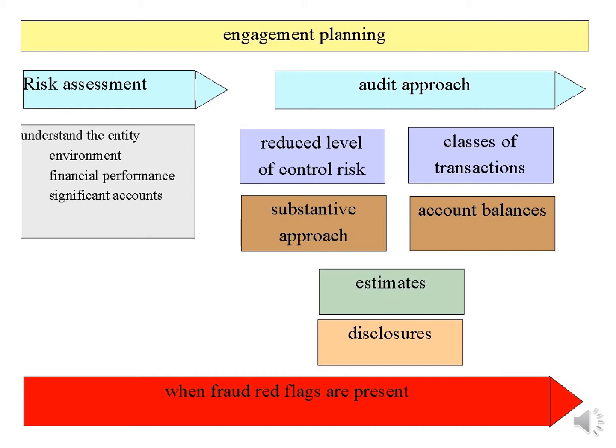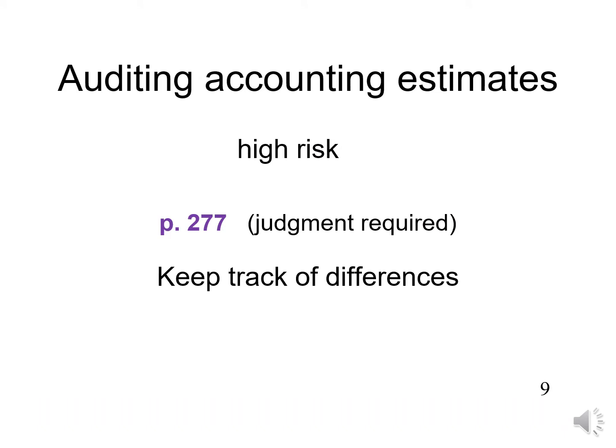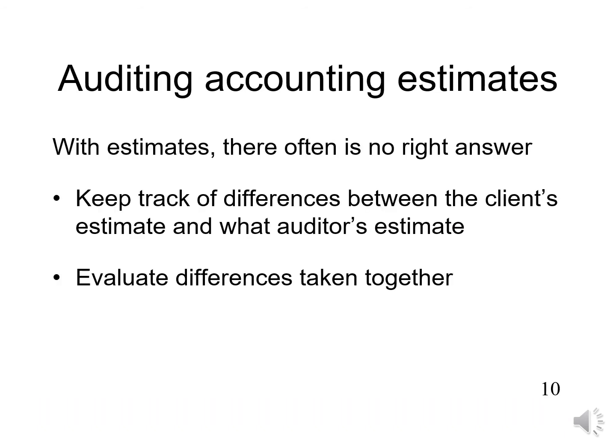We're just going to touch on estimates later in the quarter very, very briefly. 90% of what we're going to talk about is either the reduced level of control risk approach or the primarily substantive approach. But estimates are a problem because they involve judgment. We need to keep track of the differences. One of the reasons estimates are risky is often there is no right answer.